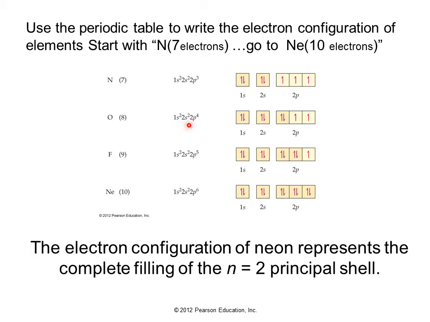Oxygen, we have 1 more electron, so it gets added to the 2p level. Fluorine, another gets added to the 2p level. And neon, the 2p level is now filled, and this is the noble gas. The electron configuration of neon represents the completely filled n equals 2 principal shell.